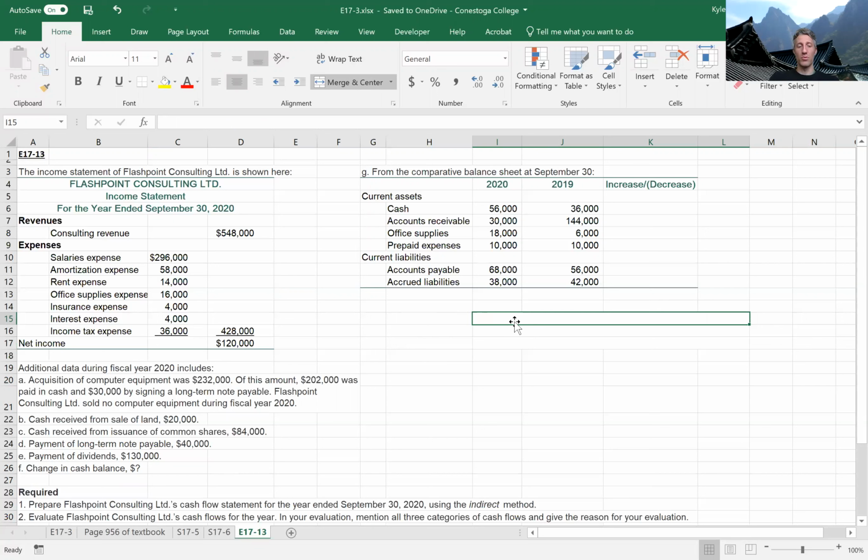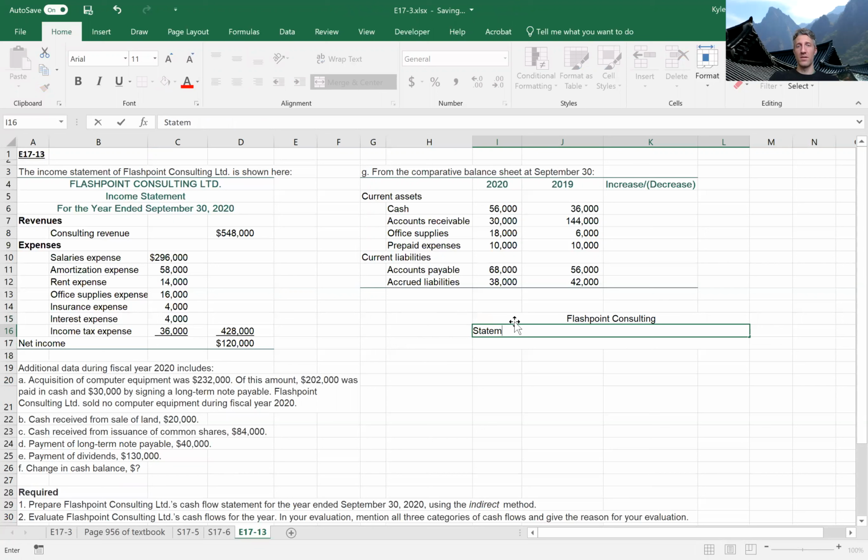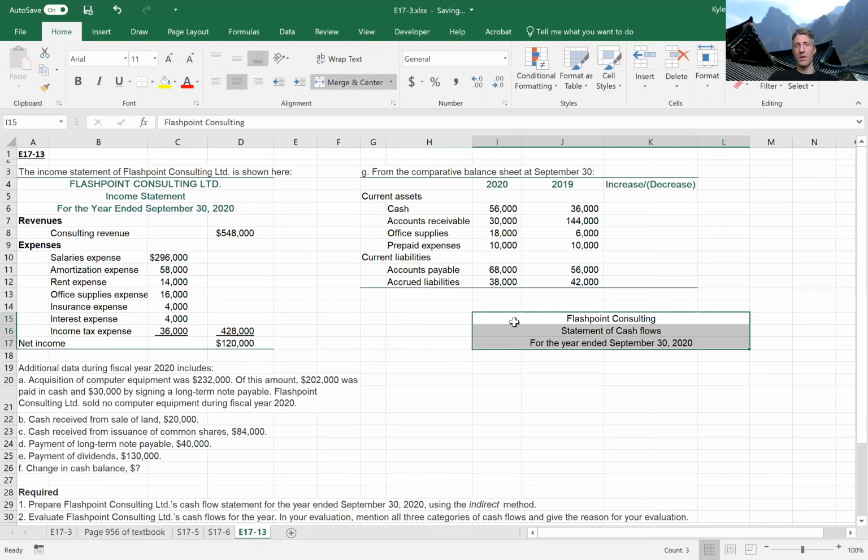So that's going to include the organization name, Flashpoint Consulting. This is the statement of cash flows, and this is for the year ended September 30th, 2020. So I've got the 3 title lines of my cash flow statement.